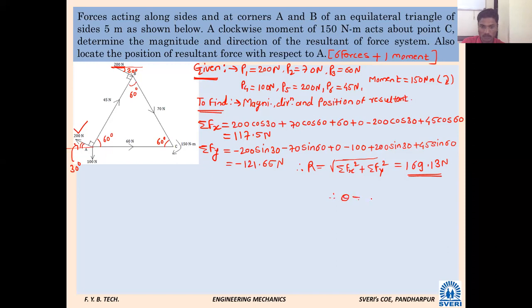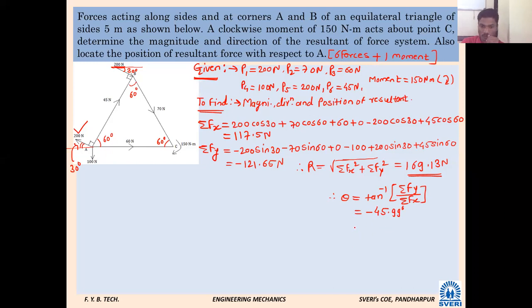The next one is theta is equal to. Quickly, what is the formula? Summation Fy by summation Fx, tan inverse, that is equal to minus 45.99. Same.